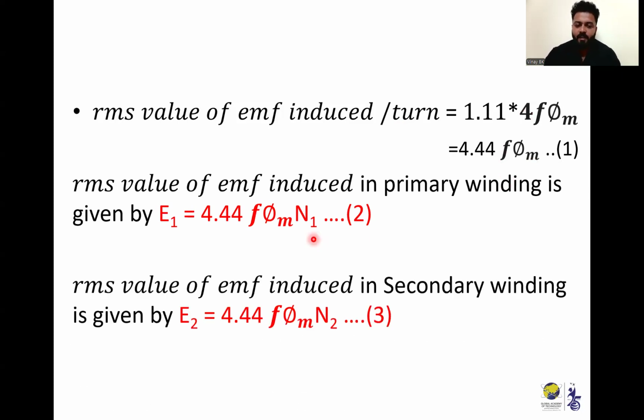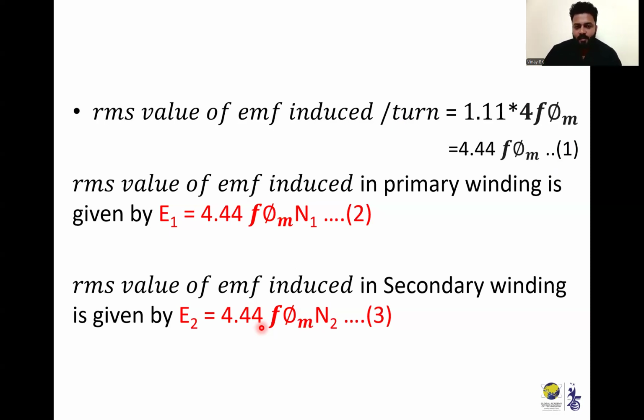Similarly, for the secondary winding, the RMS value of EMF induced is given by E2 or V2 equals 4.44 f phi m N2. In general, the EMF equation of a transformer is E equals 4.44 f phi m N. For the primary side it is N1, and for the secondary side it is N2, with respect to V1 and V2.